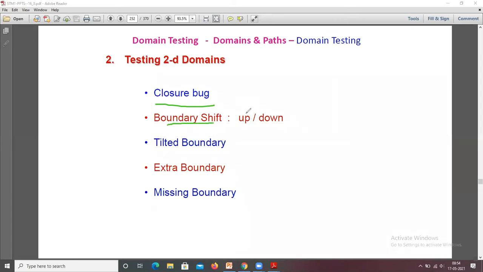Here we have two dimensions, which means there are two variables, and tilted boundary and extra boundary and missing boundary. Okay, we will see one by one. The closure bug.